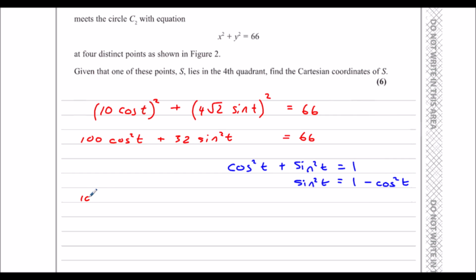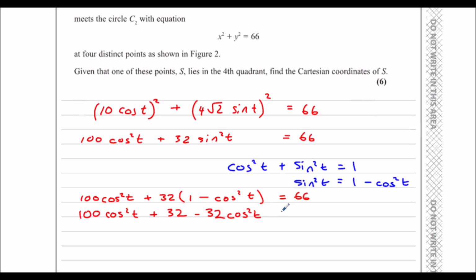So we can substitute this in. So we've got 100 cos squared t plus 32 times 1 minus cos squared t equals 66. Expanding this bracket, we've still got 100 cos squared t, and we've got 32 minus 32 cos squared t equals 66.